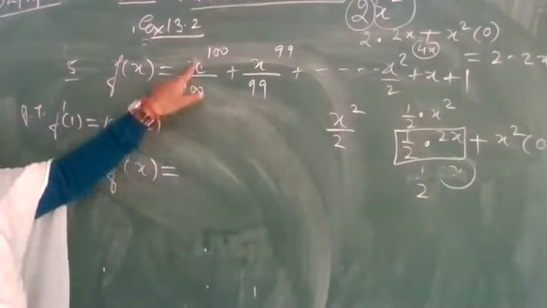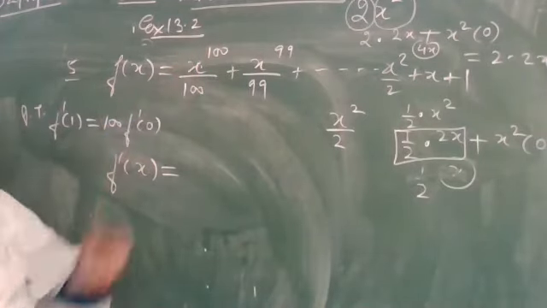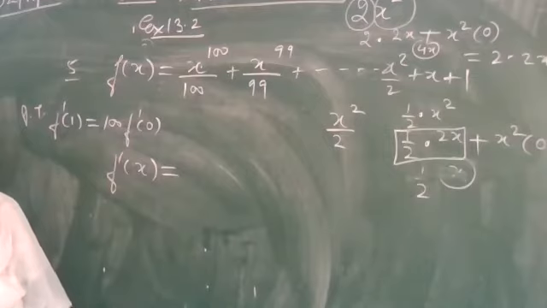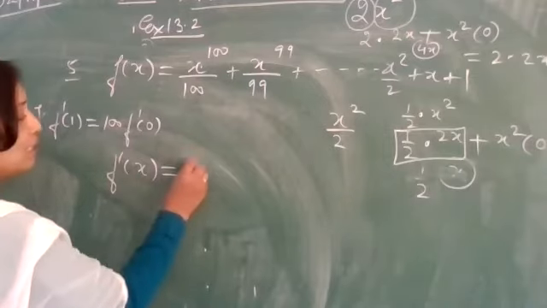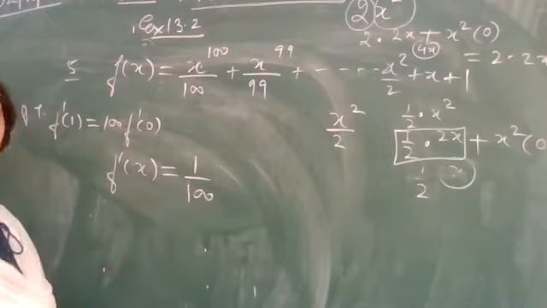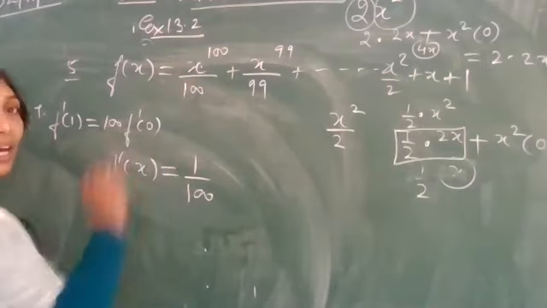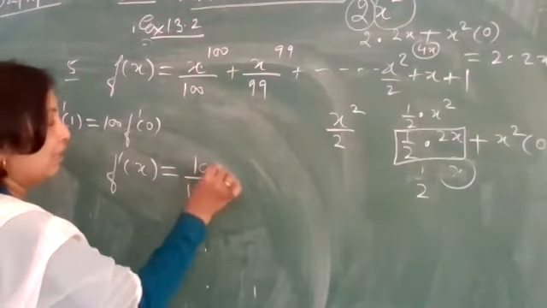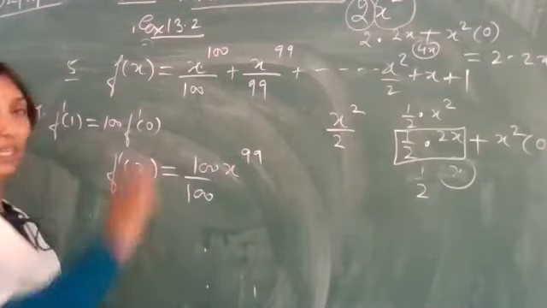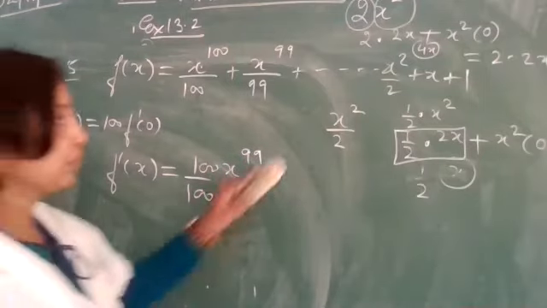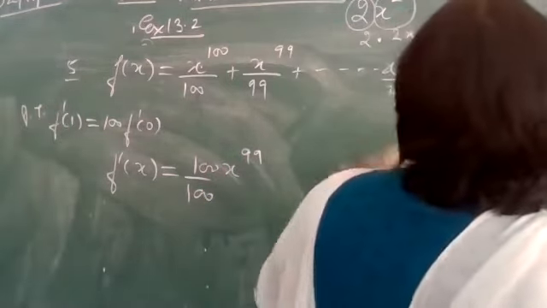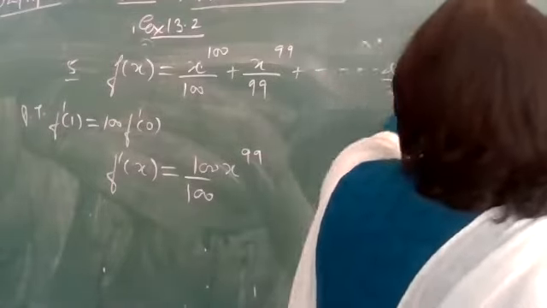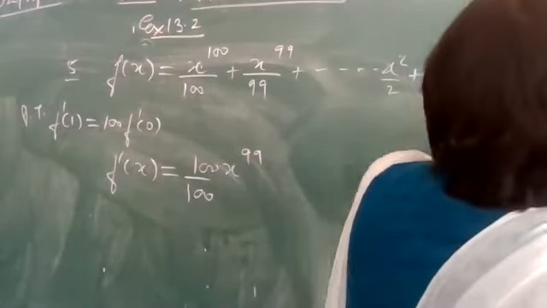Now let's come to this part. What constant is there in multiplication with x raised to the power 100? 1 by 100, right? हाँ, तो भी it is 1 by 100. 1 by 100 as it is. x raised to the power 100 का डेरिवेटिव करना है, 100x^99. Okay? So this is what you will apply to do the derivative. Derivative करना सीखना है हमें अभी.